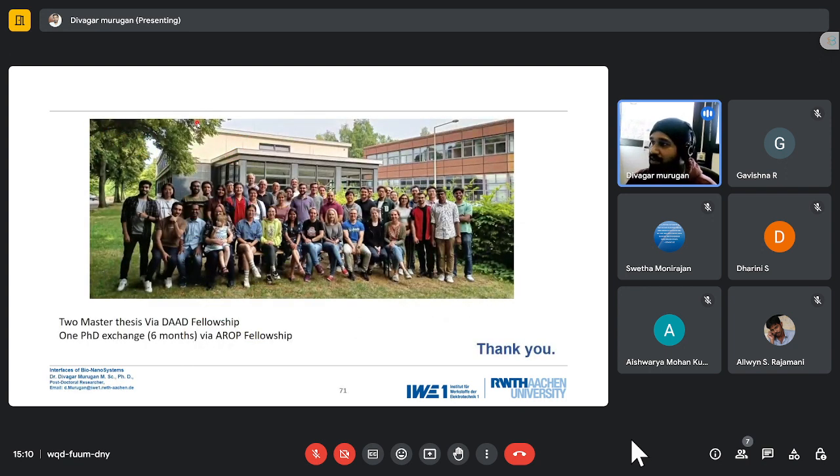Okay, and this is for today, and here you see IW1 and the members of IW1. In case of openings, we have two master thesis openings. We have a DAT fellowship, so if anyone is interested in applying for the DAT fellowship, you can contact me. Also, there is one exchange PhD fellowship available, but this is quite tricky because an MOU has to be signed between the institutes, so this may not be useful.